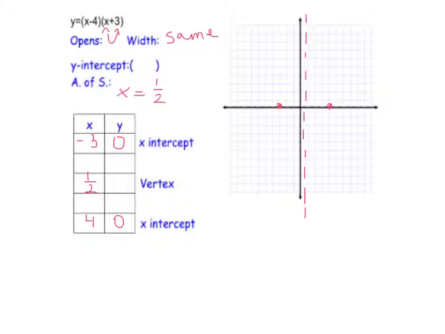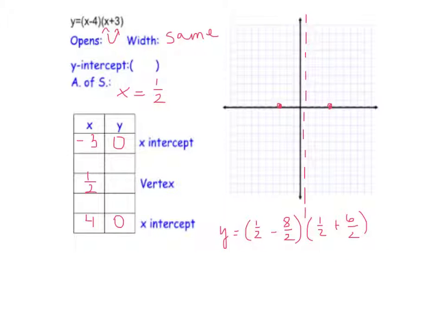And I'm going to now find the y-coordinate of the vertex. So I'm going to say y equals 1/2 minus 4, which is 1/2 minus 8/2, times 1/2 plus 3, which is 1/2 plus 6/2. So this will give me negative 7/2, and this will give me positive 7/2.